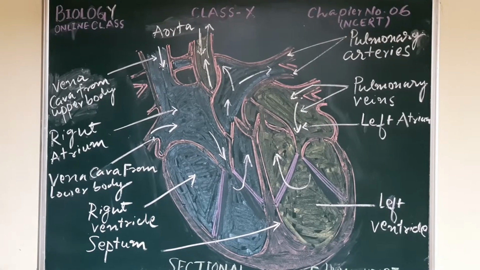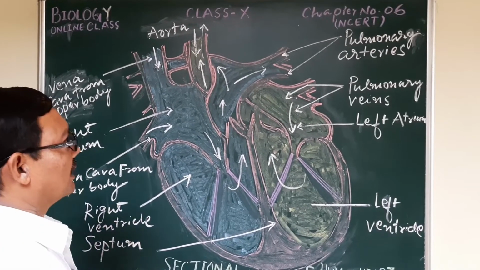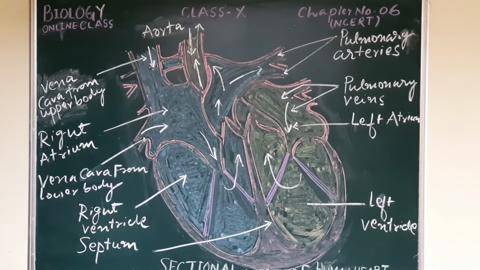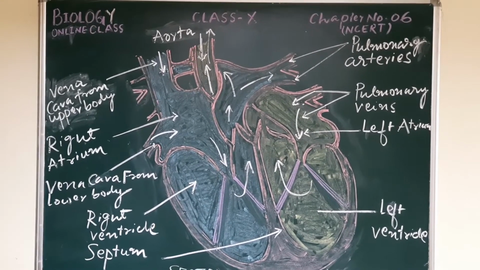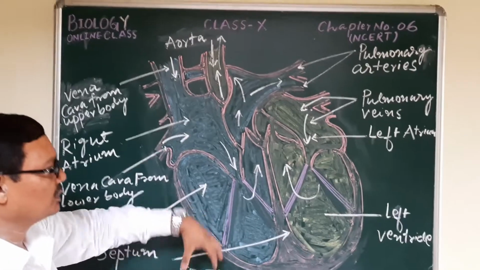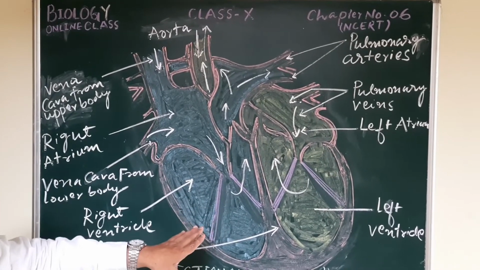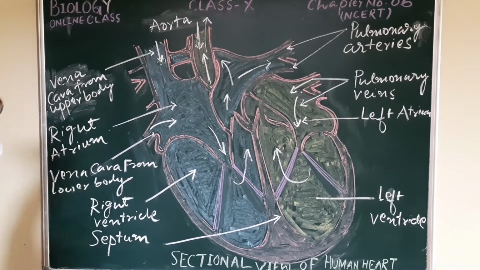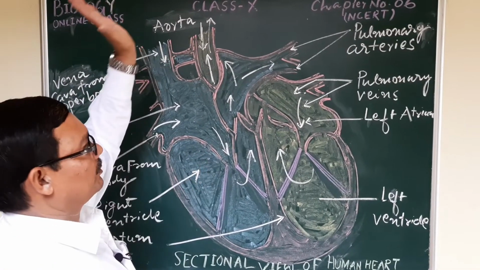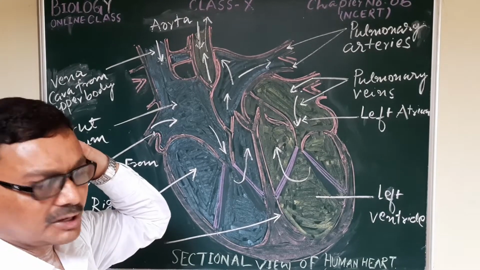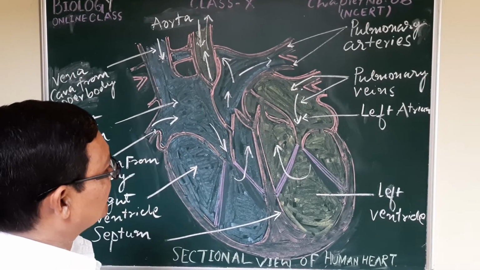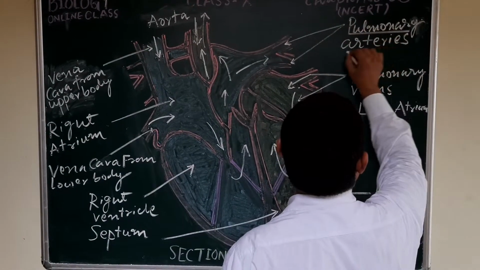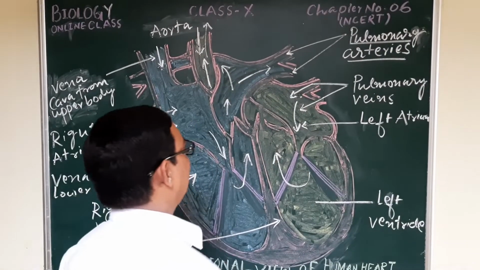Now come to the next point, the different blood vessels which are coming to the heart chambers with the blood and which are going from the heart. Here you may look at the first one, the pulmonary arteries.